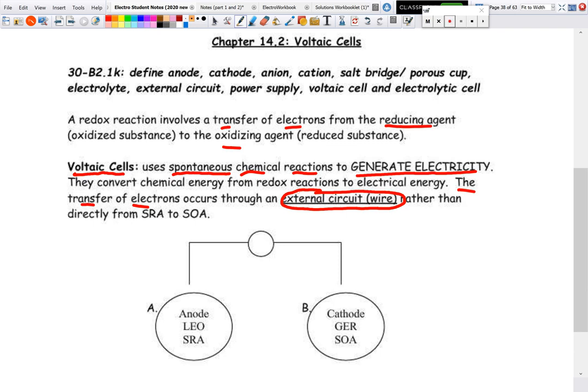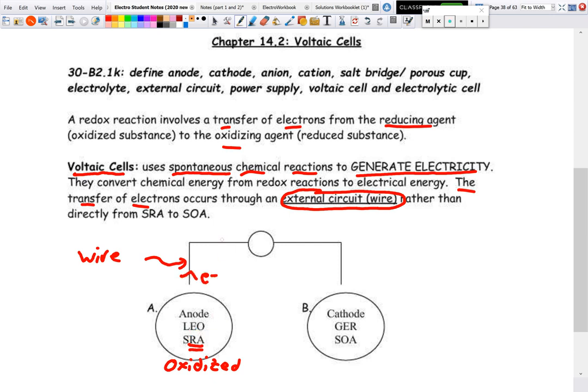Now what we're going to do is physically separate our oxidizing agent and our reducing agent and connect them using a wire. So this is a wire here. What happens when we do this? Our strongest reducing agent is oxidized, and oxidation is a loss of electrons.